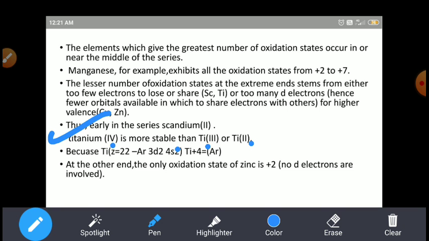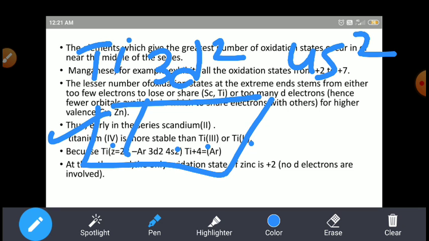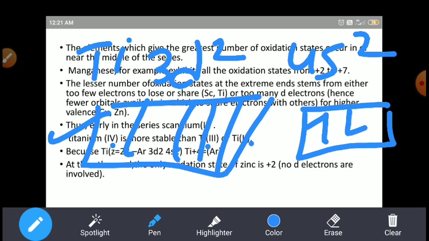Titanium is 3d2 4s2. After releasing the electrons from the 4s and the 3d2, titanium turns into the +4 oxidation state.